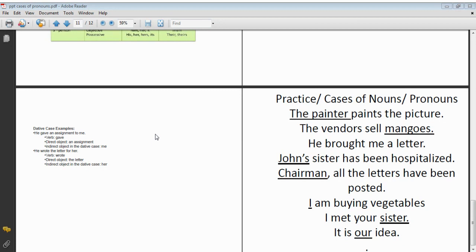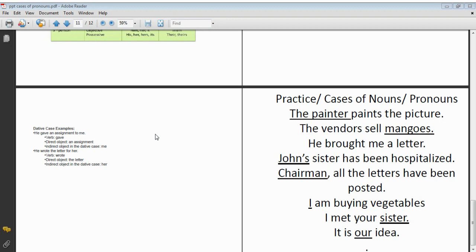So whenever you see a sentence where you have two objects, one indirect object and the other direct object, it means you have to encircle the option with the dative case. The sentence with two objects, one direct object and the other indirect object, will be in the dative case. I hope you have understood it.